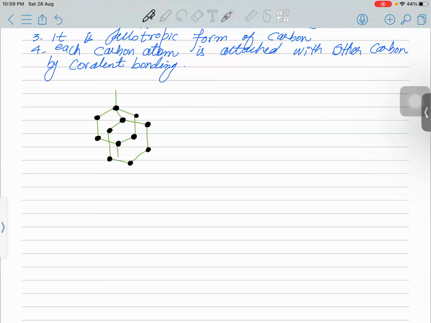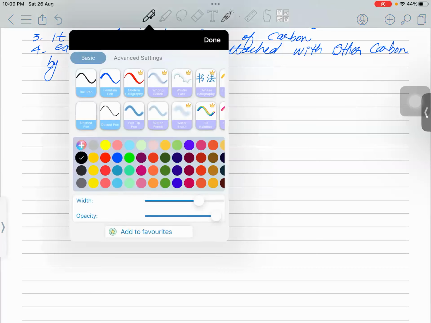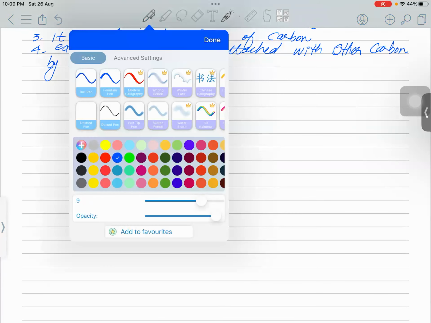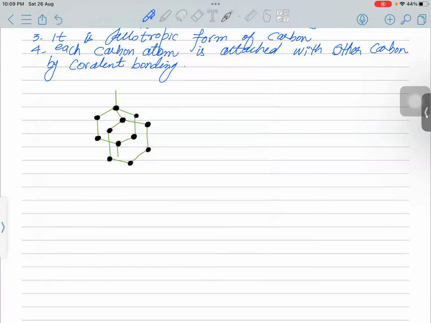Now I am going to teach you how to draw it. In the first step, this is 1, 2, 3, and 4, 5.